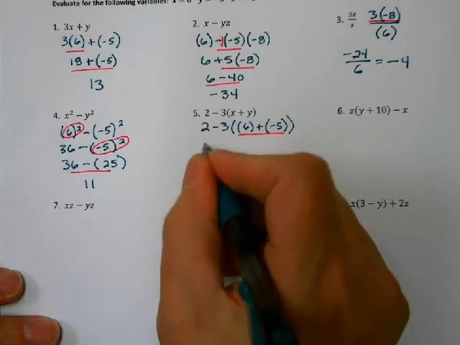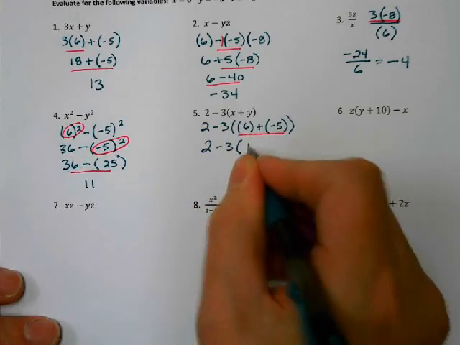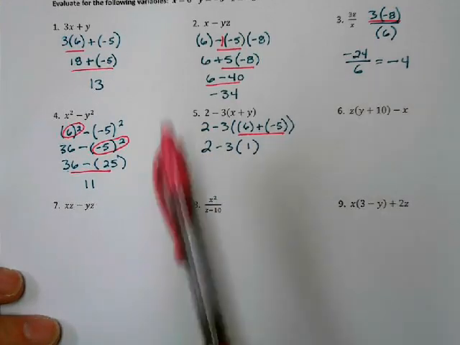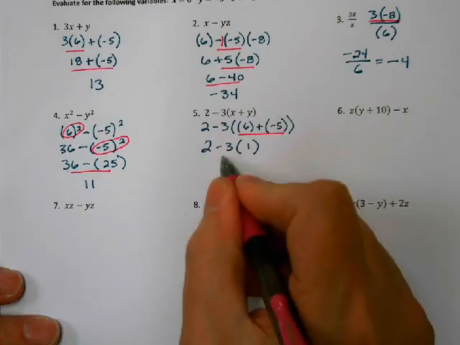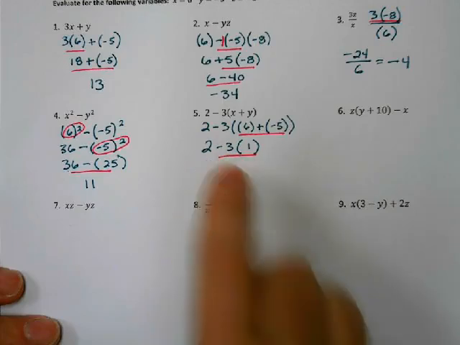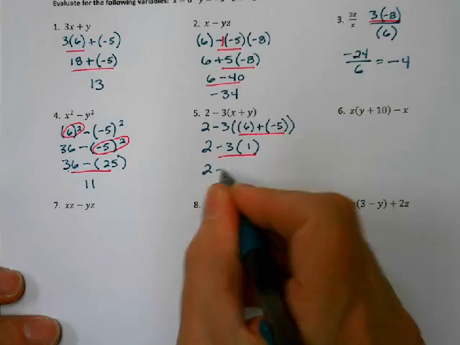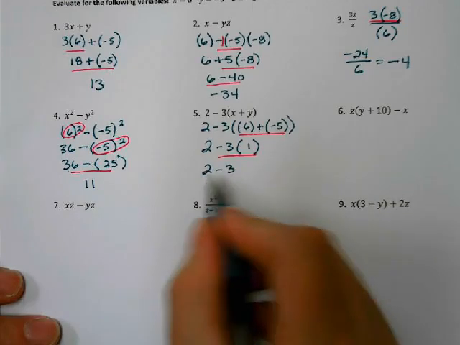So I got 2 minus 3, and all that stuff became 1. I've got subtraction and multiplication. Multiplication happens before subtraction. Remember to keep the negative with 3. So this is going to be negative 3 times 1 is negative 3. Final answer, 2 minus 3 is negative 1.